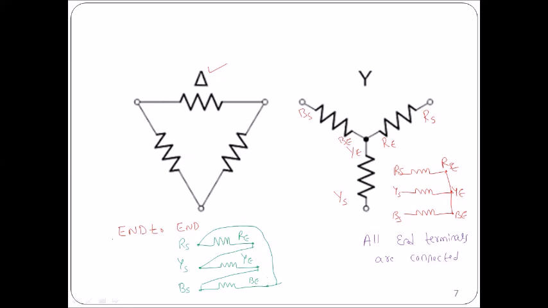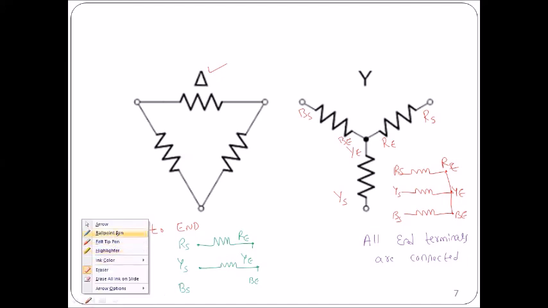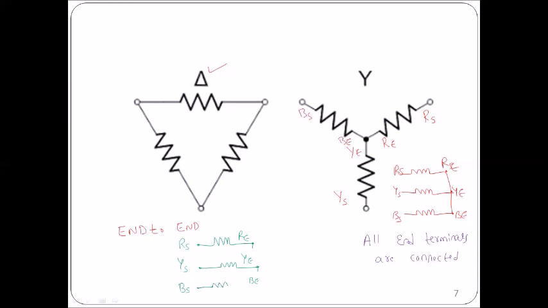Once again, I will draw and explain this. In the case of delta connection, the end of one phase is connected to the starting of the next phase, the end of Y phase is connected to the starting of the next phase, and the end of B phase is connected to the starting of the next phase.